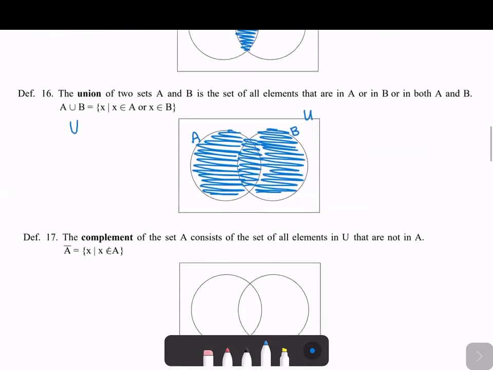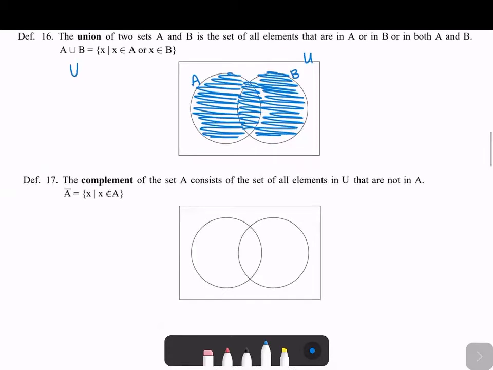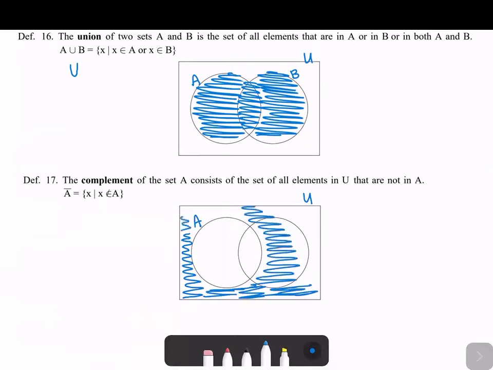Okay, so the next operation we can do is complement, which logically corresponds to not, because it takes the elements that are not in A. So it's all the elements in the universe that are not in A. If that's our set A, then the complement is everything outside of A. We can just take everything here outside of that A circle that's still in the universe that we're talking about.